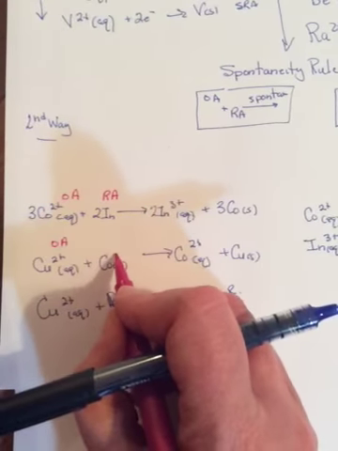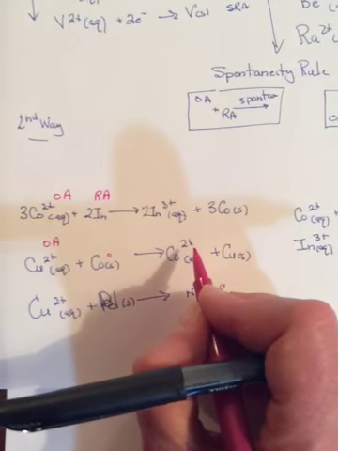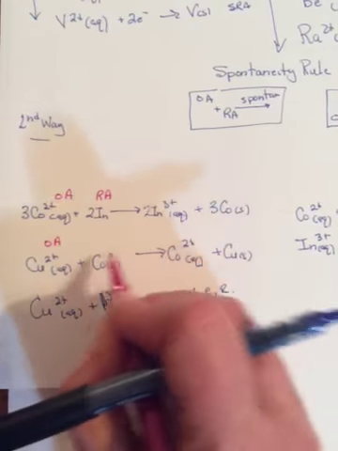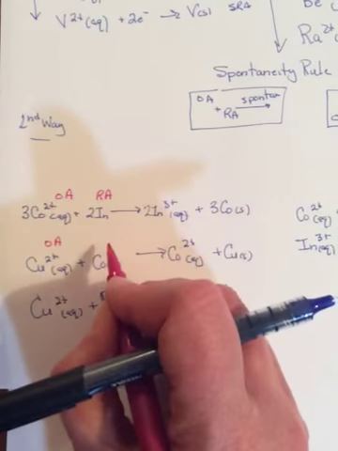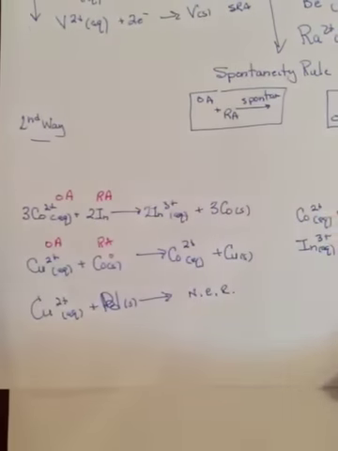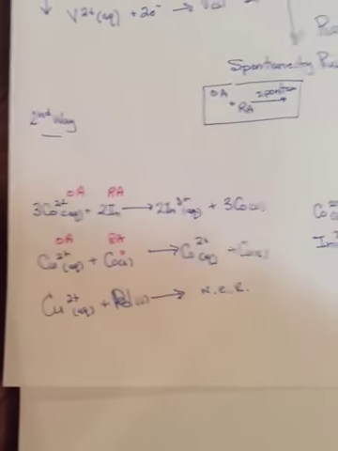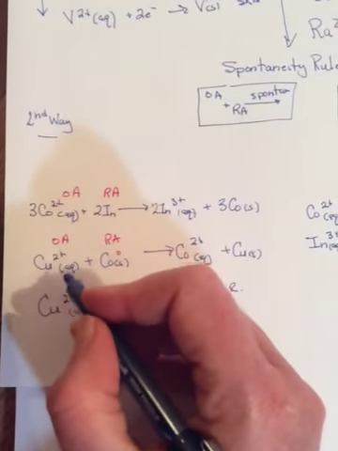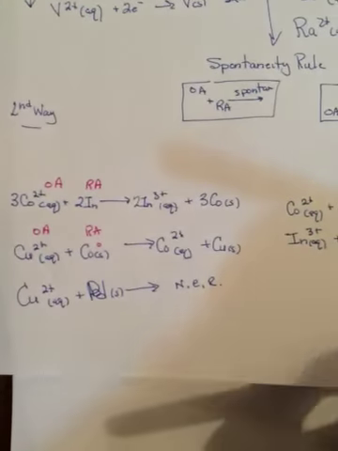This one's going from 0 to 2 positive, which means it's losing electrons. If it's losing electrons, it's being oxidized, so it's the reducing agent. The products are written down, which means it's spontaneous, which means the Cu must go above the Co.